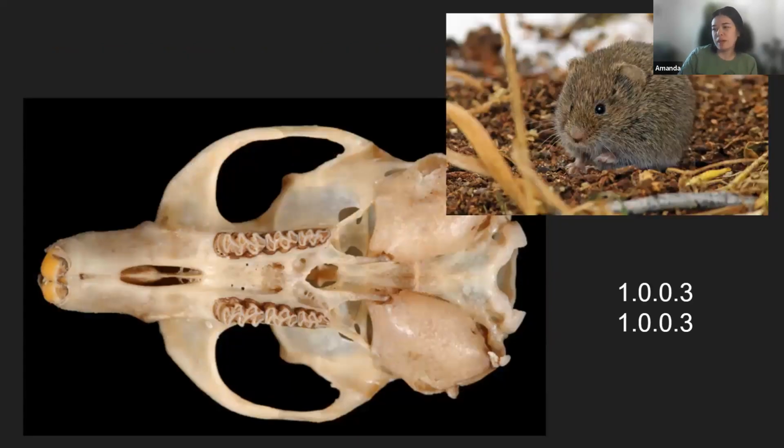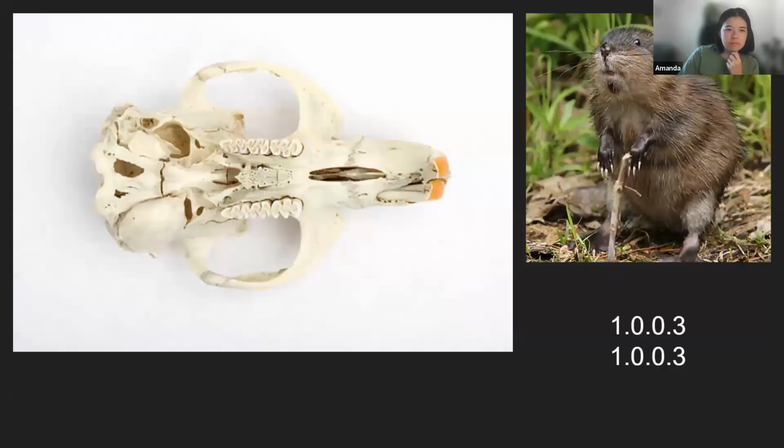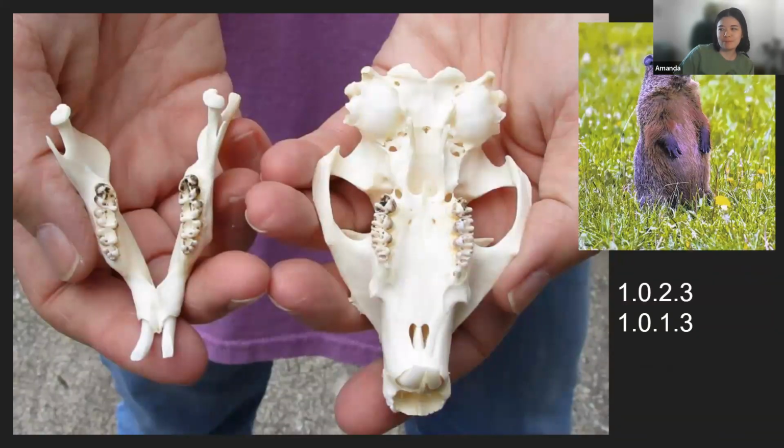We have animals like meadow voles that have these zigzaggy molars, or animals like rats that have these tricuspid type molars that are grooved, or muskrats that kind of have a mix of that zigzaggy pattern and the grooved pattern. And then you have groundhogs, which kind of look like squirrel teeth, but different numbers.